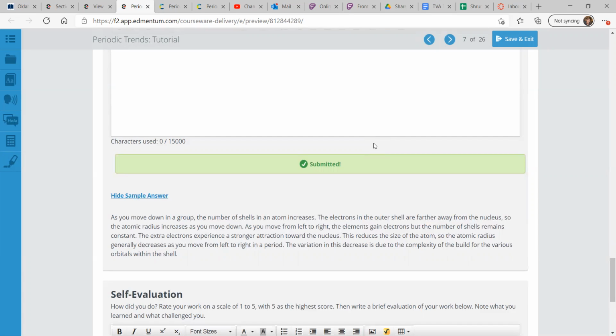As you move from left to right, the elements gain electrons, but the number of shells remains constant. The extra electrons experience a stronger attraction towards the nucleus, and that reduces the size of the atom. So the atomic radius generally decreases as you move from left to right in a period. The variation in this decrease is due to the complexity of the build for the various orbitals within the shell.